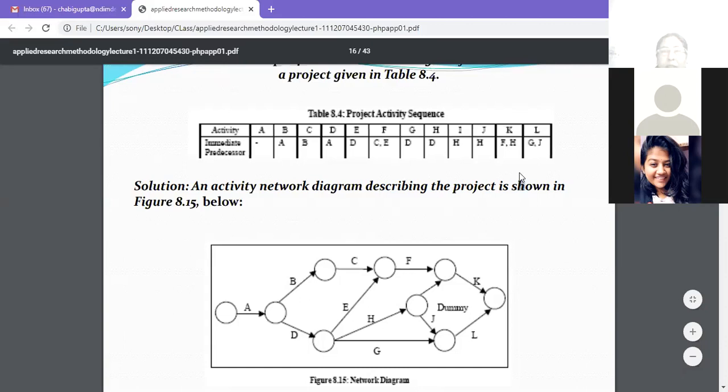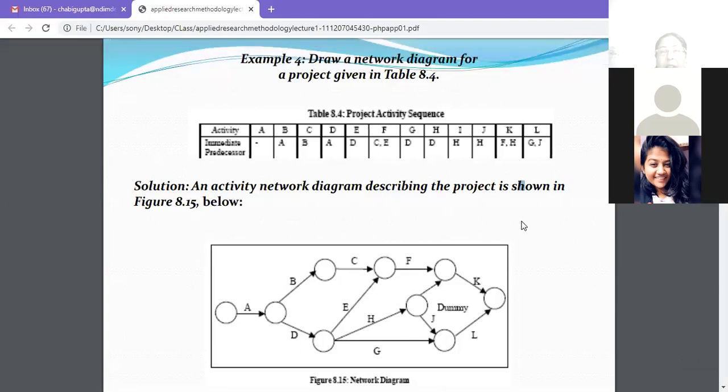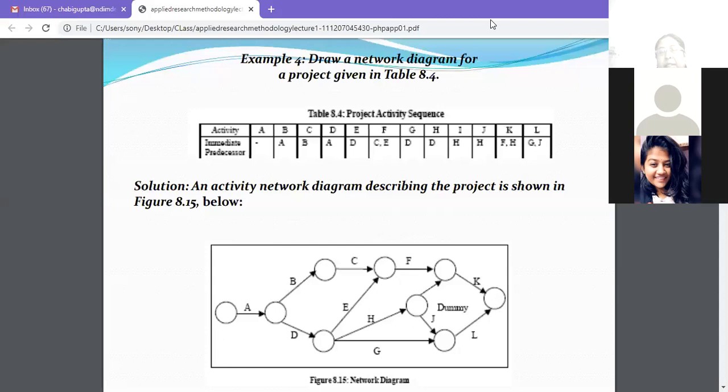Have you copied the question? Yes. Okay, let me just take your attendance, one second. You can look at the question again.